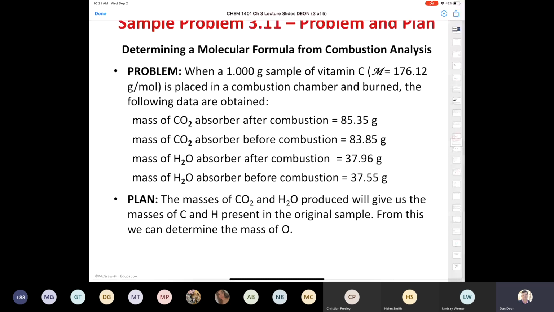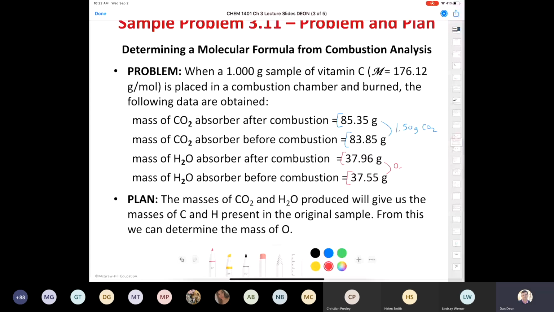That means that you produced 1.50 grams of CO2. And then for the water absorber, before you started with 37.55, and when it's done, you ended up with a total mass of 37.96. So if you take that and subtract 37.55, how much water did you make?